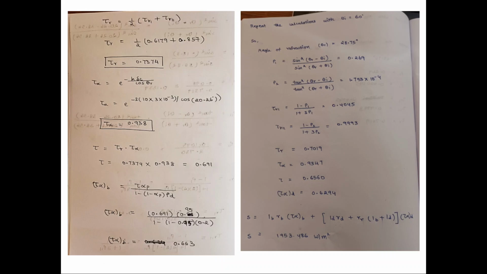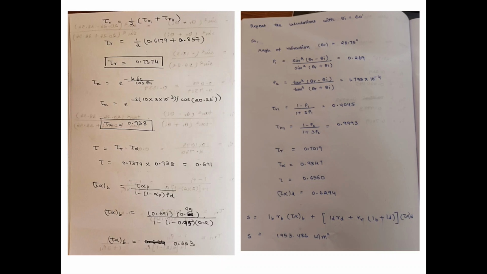So you are supposed to remember this value of rho d. The formula for calculating rho d is tau alpha into 1 minus tau r, but since it is a diffusive reflectivity, and the diffusive radiation is due to the scattering of the sunbeam radiation by the atmosphere, you will have diffusive radiation at each and every angle.